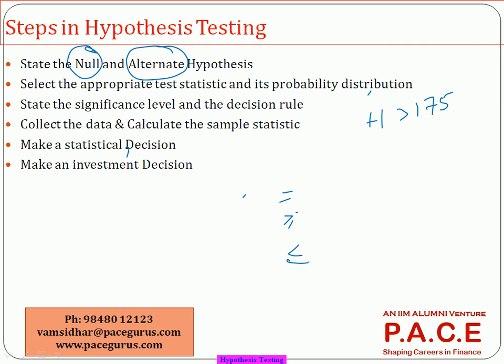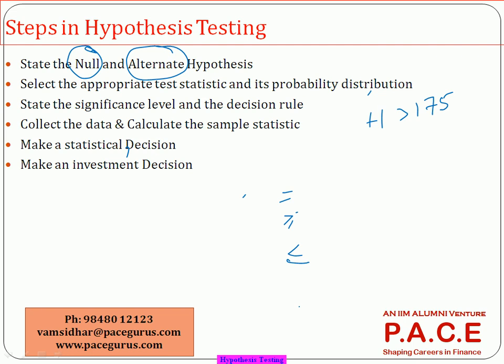In whatever statement you are making, when I am taking it into the creation of the hypothesis to test that statement, one statement I will break into two statements. You are making a statement, the average height of an Indian male is greater than 175 centimeters. But as a statistician, I'll create two statements out of it.